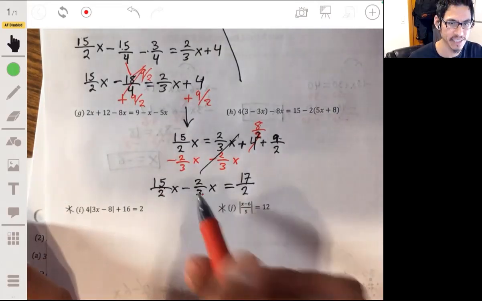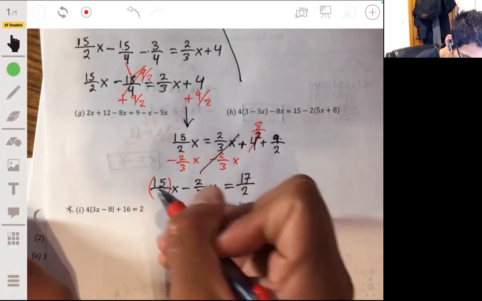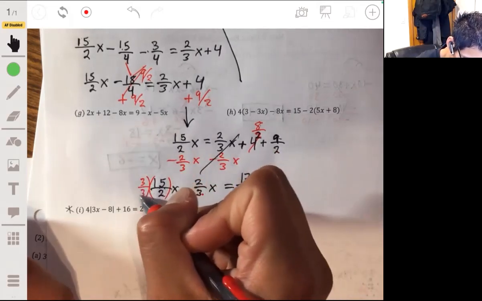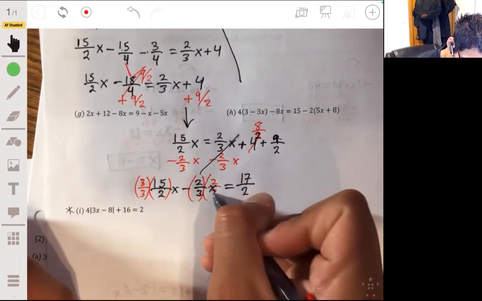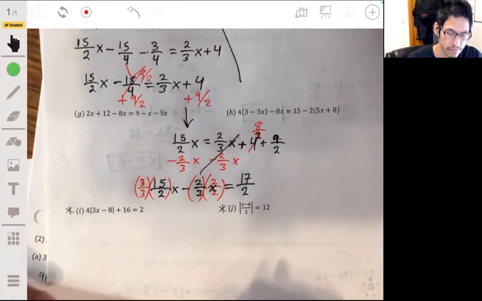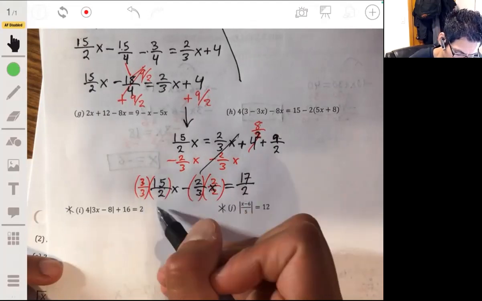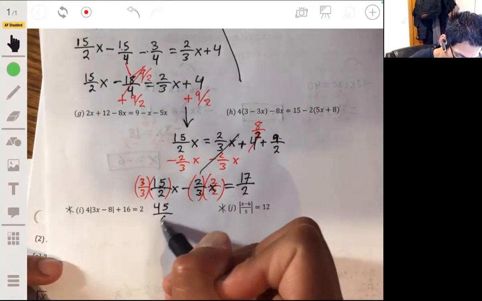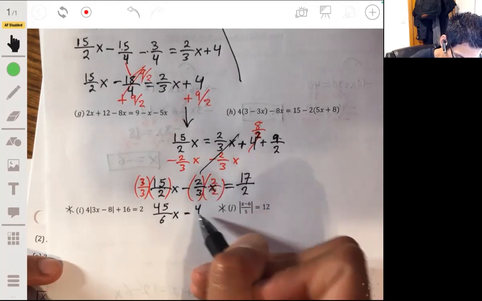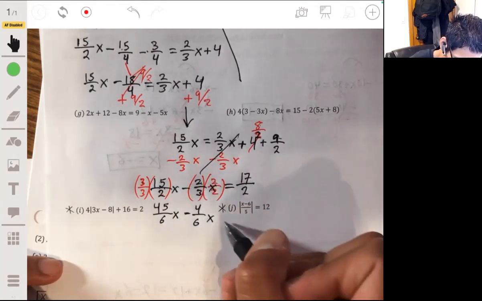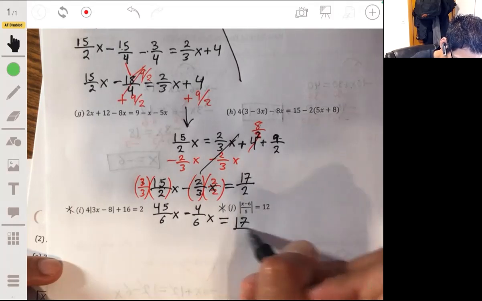We're going to make them both 6. So remember, we need to multiply this by 3/3 and this by 2/2. So we'll get 45/6 x minus 4/6 x equal to 17/2.